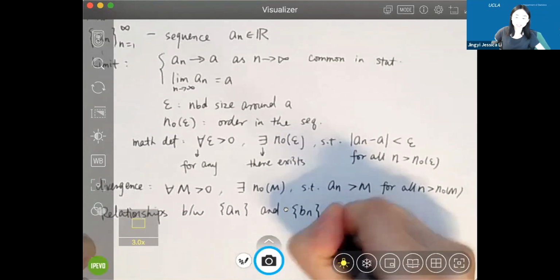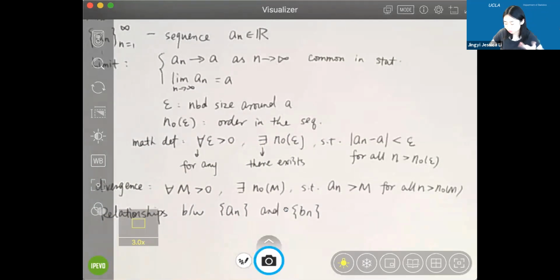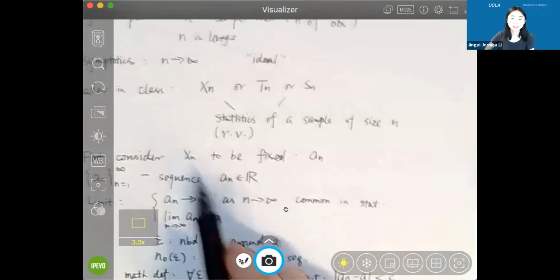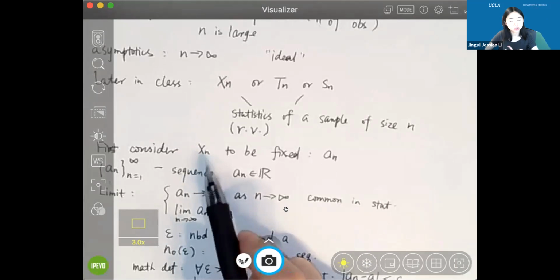Let me give you some intuition. In asymptotic theory, or large sample statistics, what we care most about is our test statistic or statistic sequence, the X_n I talked about before, and how it changes with n.